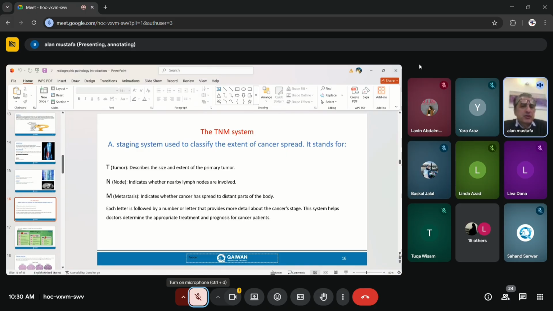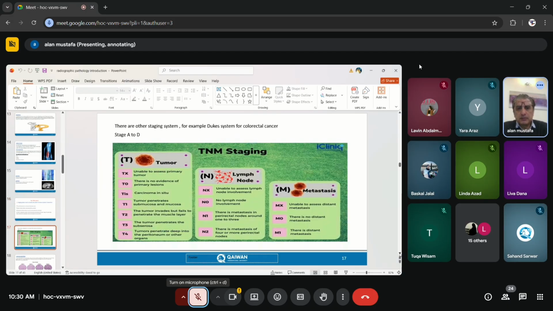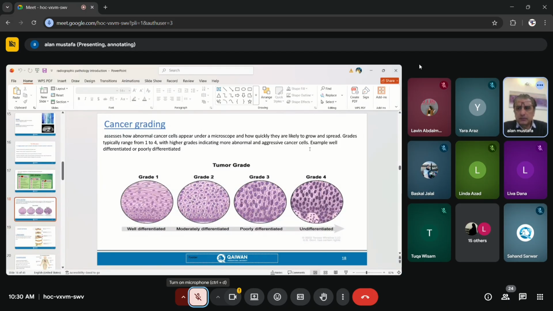So if we have a patient, this is just an example, and we say T1, N0, M0, it means you have a small tumor with no lymph nodes and no metastasis. If we say M is 1, it means the patient has metastasis.